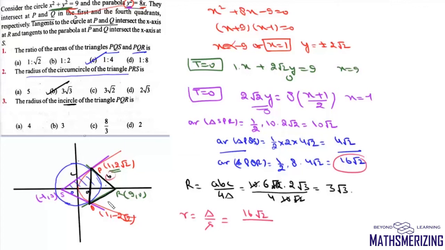So it is B plus B, that is 2B, and then plus this value, which is 4 root 2, divided by 2. And what is the value of B? B is root 72, which is 6 root 2. So it will be 12 root 2 plus 4 root 2, which is 16 root 2, divided by 2, so 8 root 2. So this value is simply 2. So radius of incircle is 2 units.